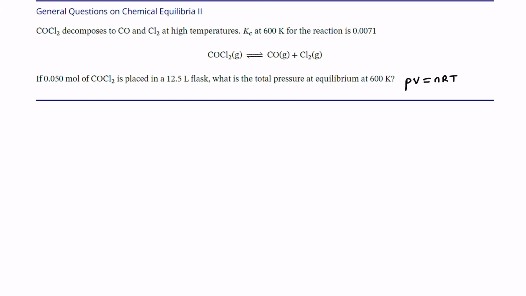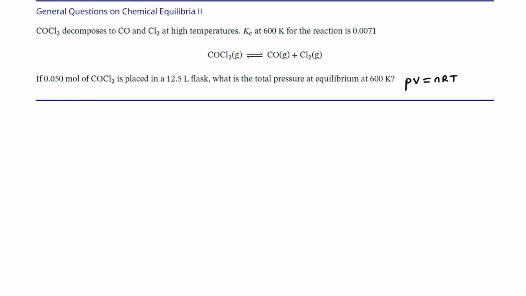So we want the total pressure. We know what the volume of the flask is in which this equilibrium lies, it will be the total volume of the flask. We know what R is, and we know the temperature at which this equilibrium is. So the pressure is what we're interested in, and the parameter that we need to calculate is this n.